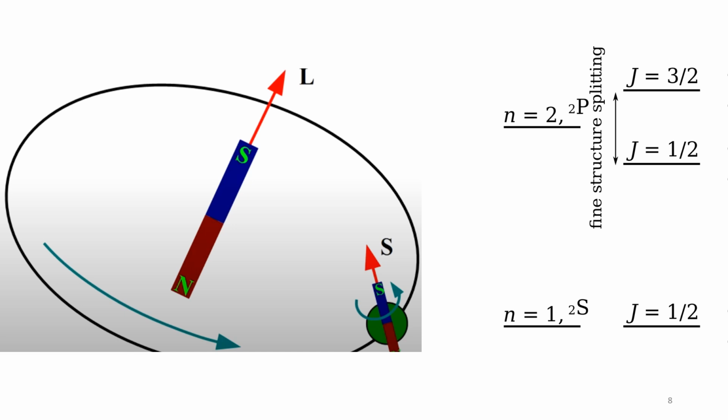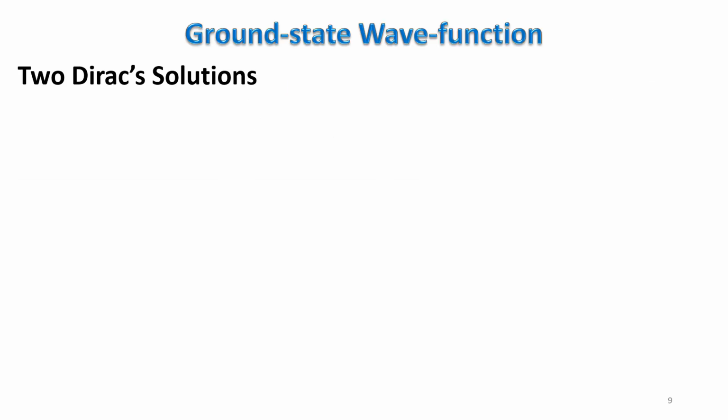In the video on hydrogen, we looked at the structure of hydrogen orbitals as predicted by Schrodinger's equation. Just as the Dirac and Schrodinger equations predict energy levels differing by only tiny amounts, they also predict electron probability distributions that are practically indistinguishable. Let's look at the ground state 1s wave function.